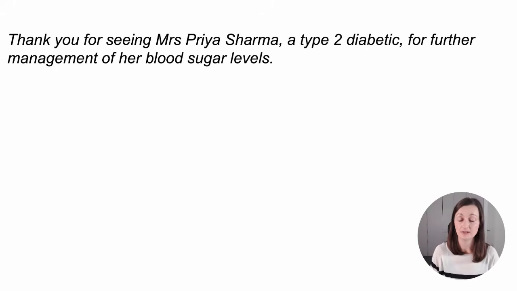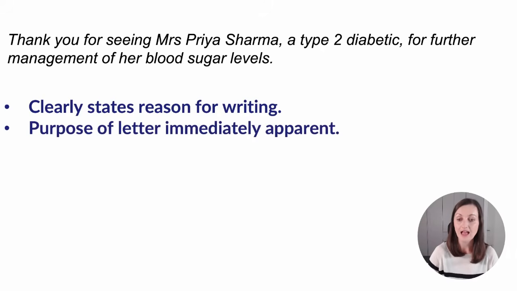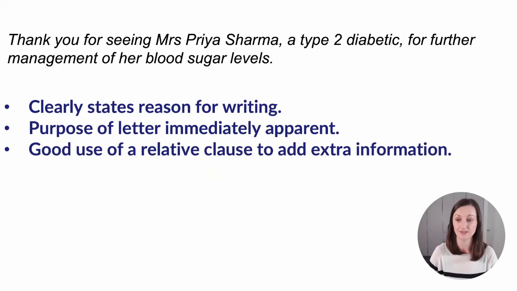Now let's look at the first paragraph, which is a very important part of your letter. This candidate's first paragraph is only one sentence, but usually one sentence is enough. So you can see that they have clearly stated the reason for writing, which is requesting further management of this patient's blood sugar levels. And the purpose of the letter is immediately apparent from the very start, and this is important.